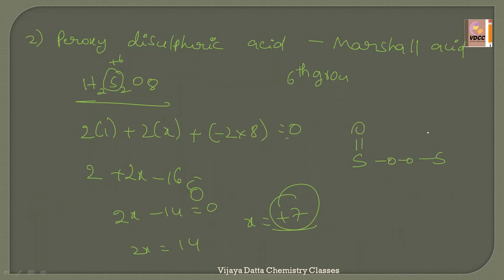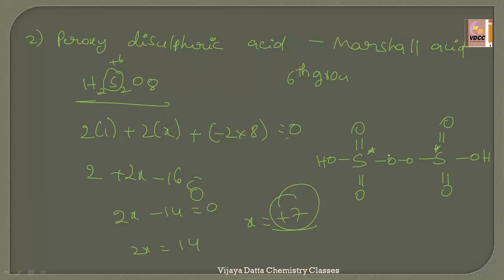Then double bond O, double bond O, double bond O, double bond O. See here 1, 2, 3, 4, 5. Sulfur has 5 bonds, but actually it can have 6 bonds, and hydrogens are also there. So I'll go like this, OH, and here also OH. So each sulfur is showing +6 oxidation state, meaning it is having 6 bonds.